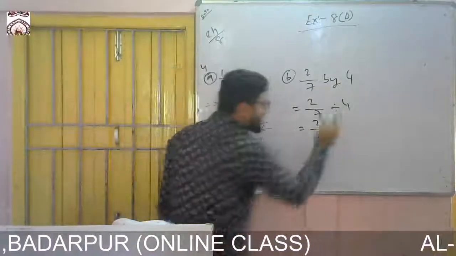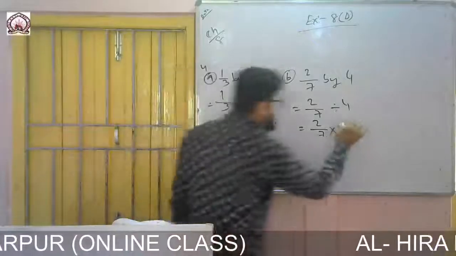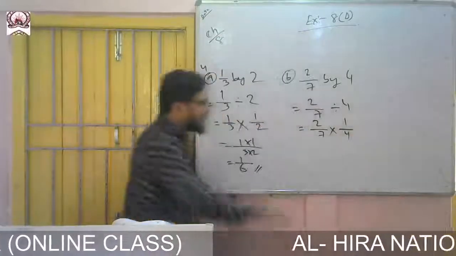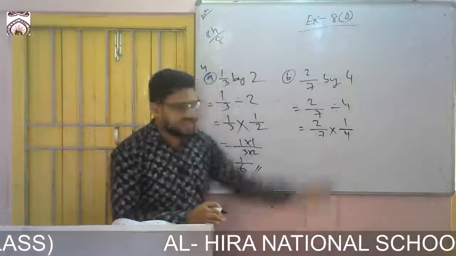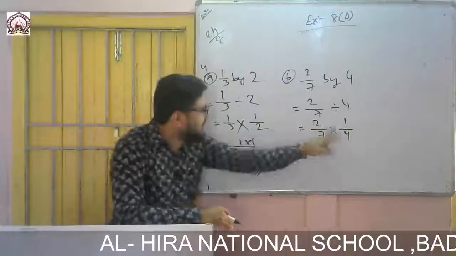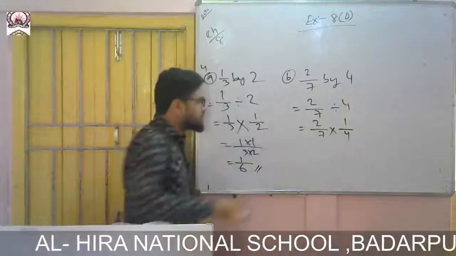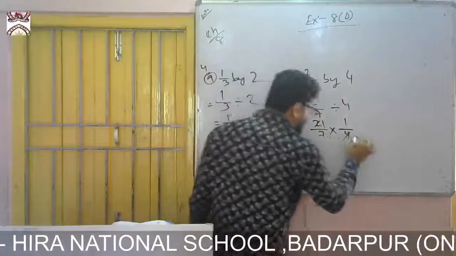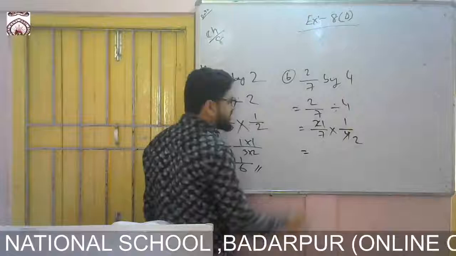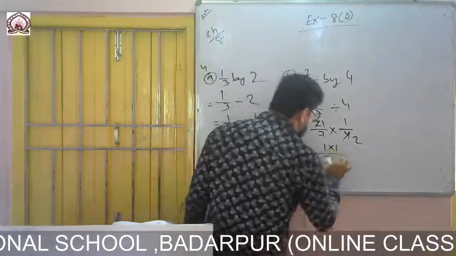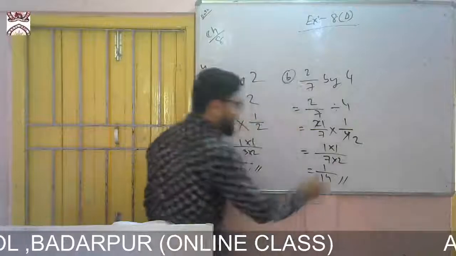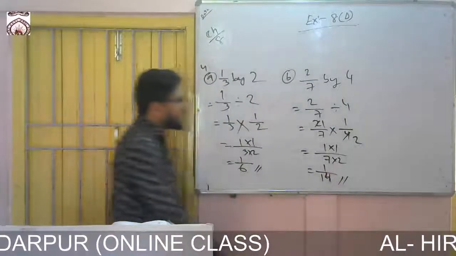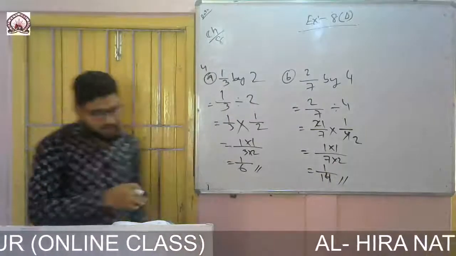The reciprocal of 4 is 1 by 4, so write 1 by 4. Now you check whether they get cancelled or not. Yes, in this case they get cancelled. With 2 I can divide 4: 2 ones are 2, 2 twos are 4. So the remaining fractions are 1 into 1, 7 into 2, which is 1 by 14. And that is the required answer. I hope you got the answer.